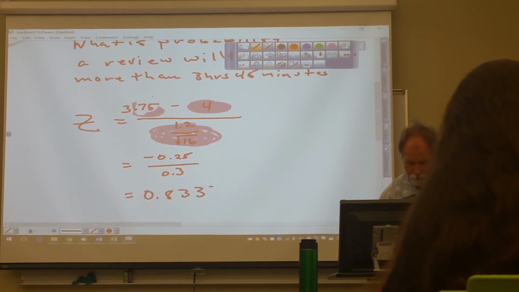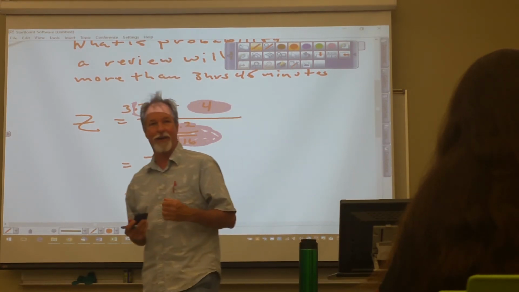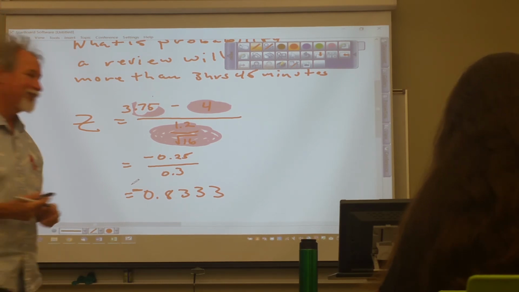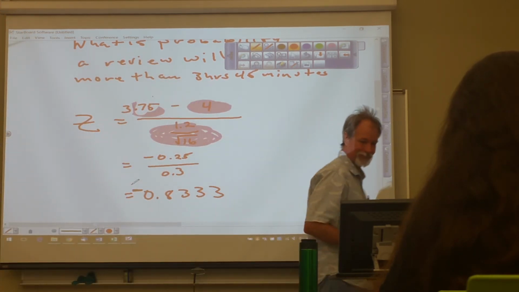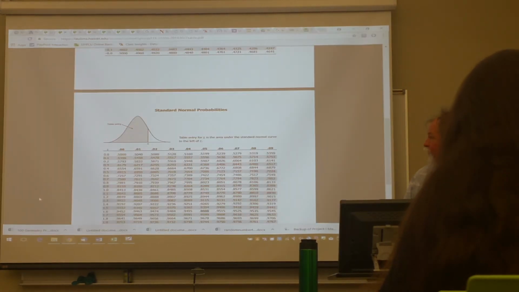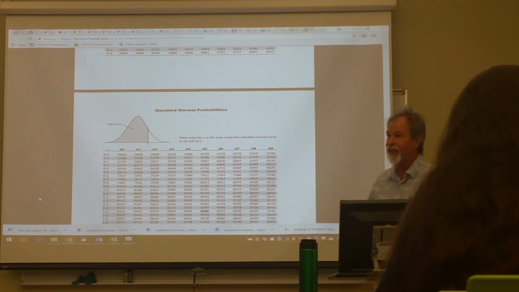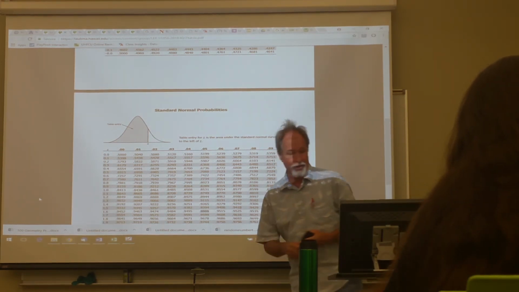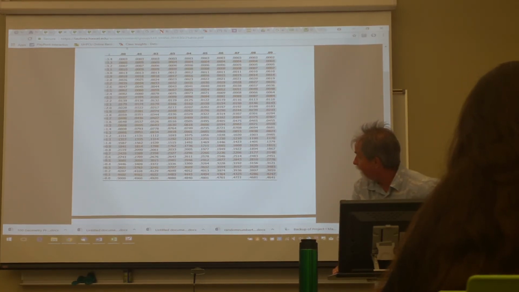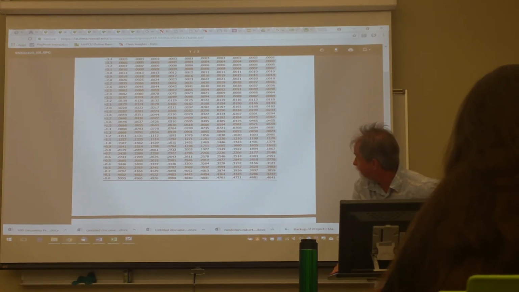When we're dealing with z-scores, you have to go at least how many places? 2. See, now when I go back to my z table, I have to find negative 0.83, which is right here.